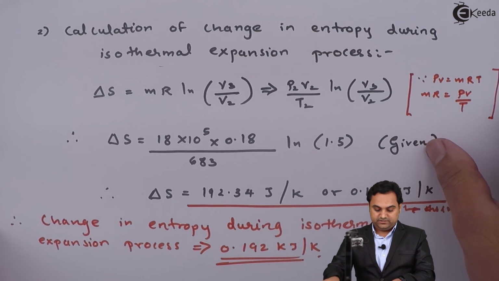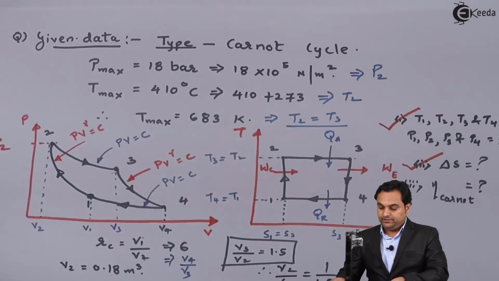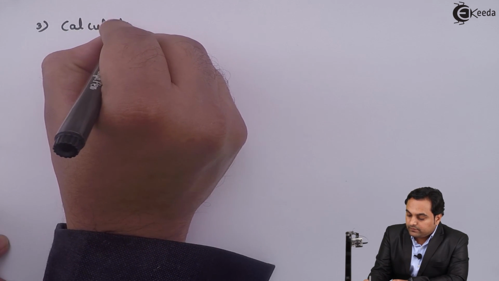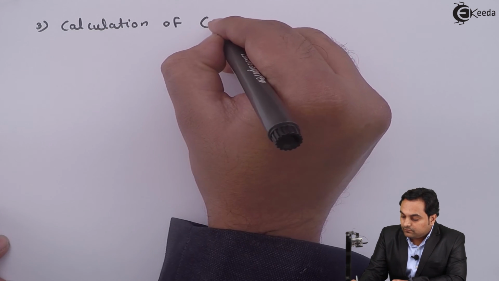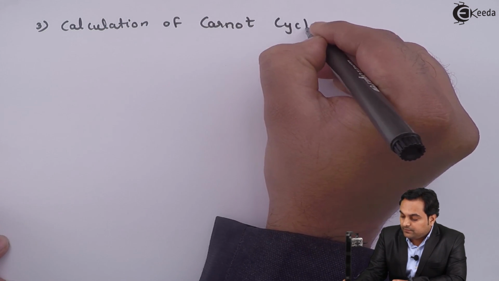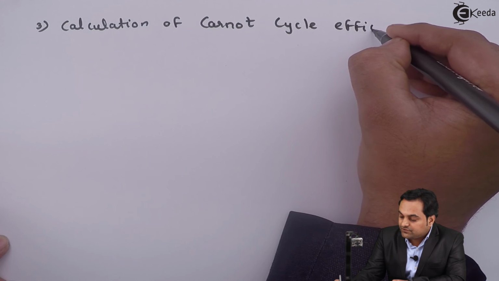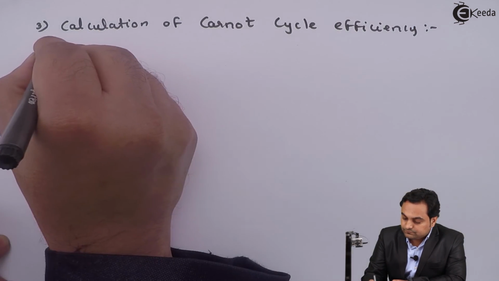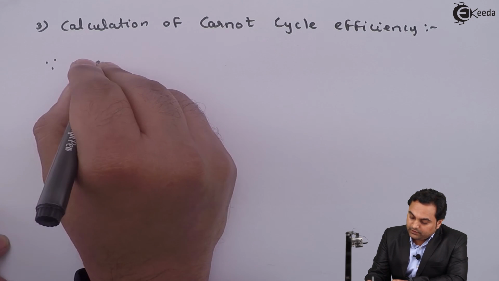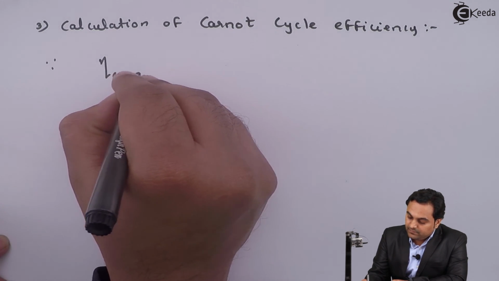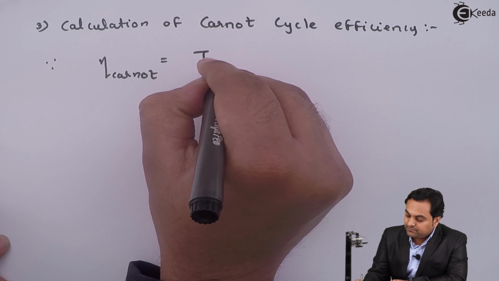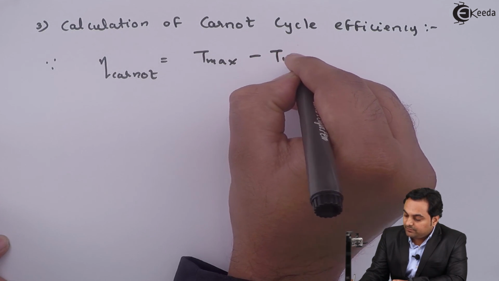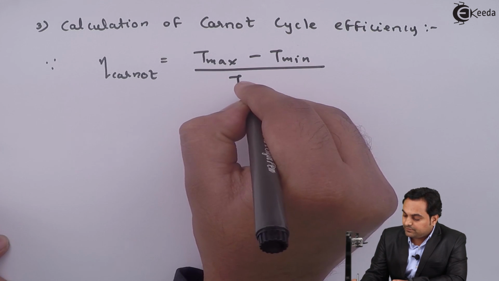After this, the last part of the problem, that is the third part, in that we have to calculate the Carnot cycle efficiency. So I'll write down calculation of Carnot cycle efficiency. Now, Carnot cycle efficiency is given by the general formula, which is maximum temperature minus minimum temperature upon maximum temperature.